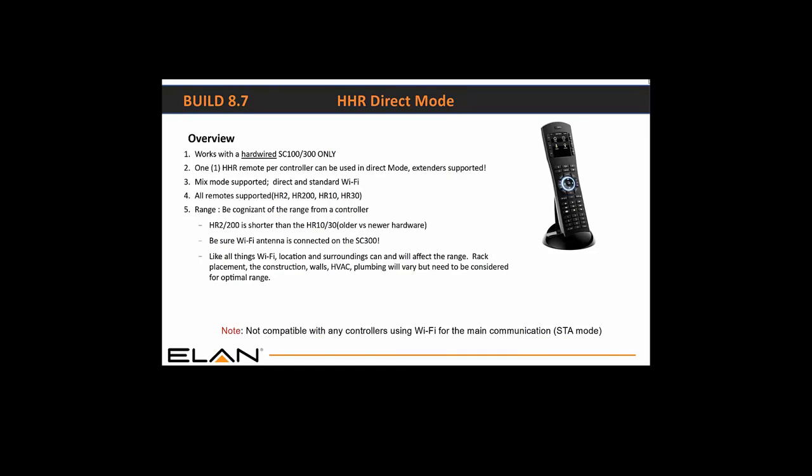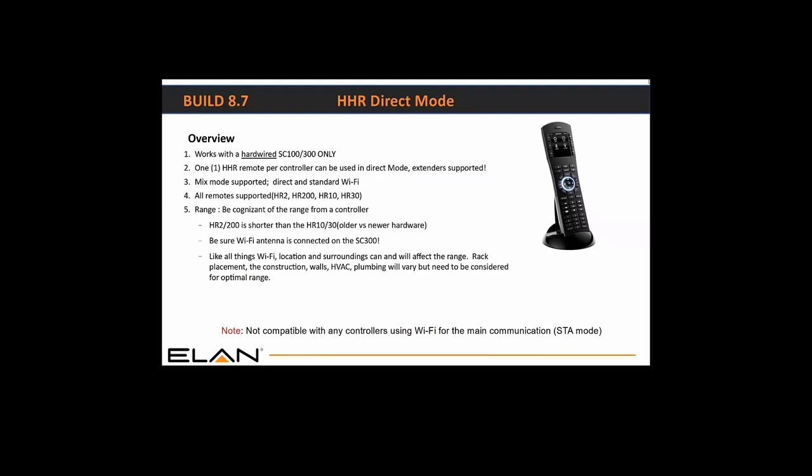Only one HHR remote can be used in direct mode per controller. So if you have one master controller in your system, you can connect one HHR directly to it. But extenders are supported. So if you have multiple extenders, maybe you have an extender hardwired in the master bedroom, then you can use that as a direct mode of communication.